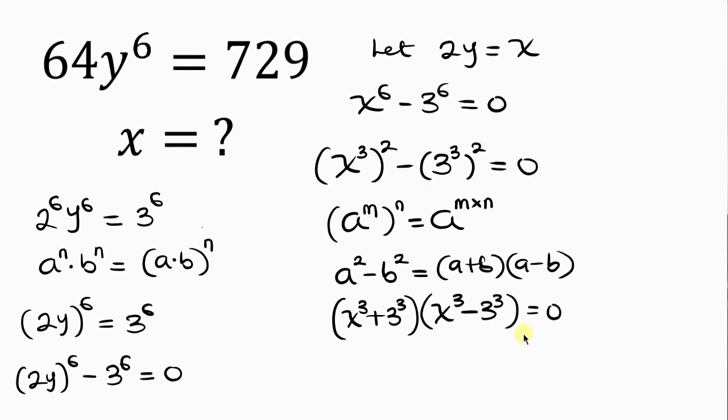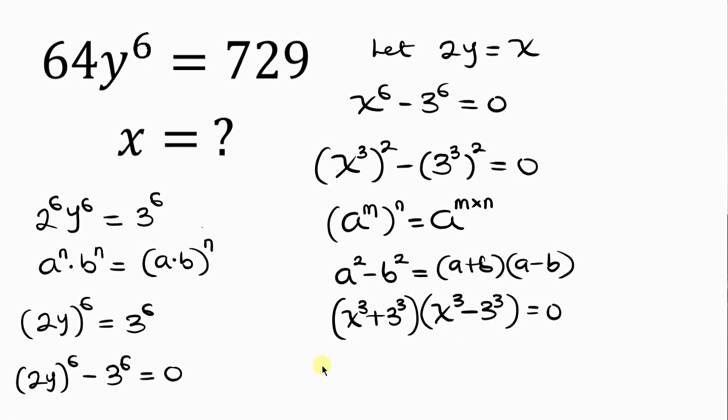Now, our next step will be for us to apply yet another property to each of this and this. Why? Because inside of this bracket, we have the sum of two cubes, and inside of this other bracket, we have the difference of two cubes. So we're going to be solving this one after the other. So we have two cases here.